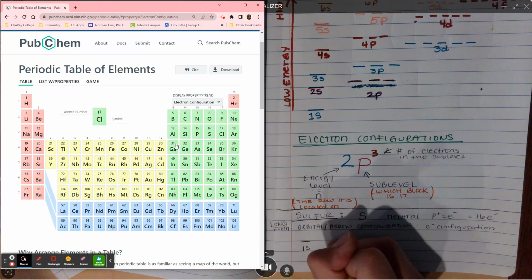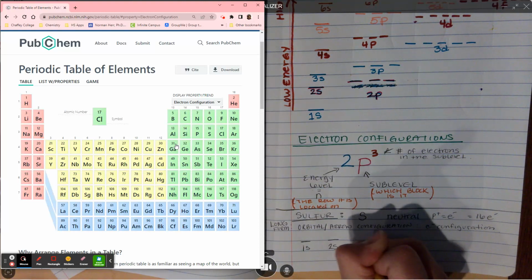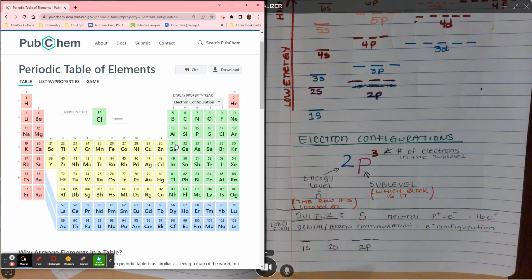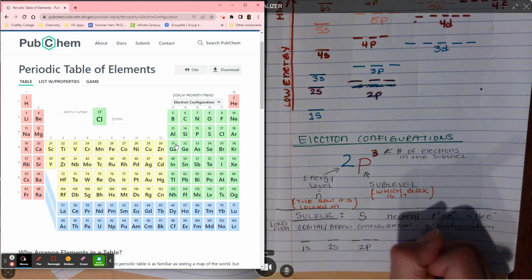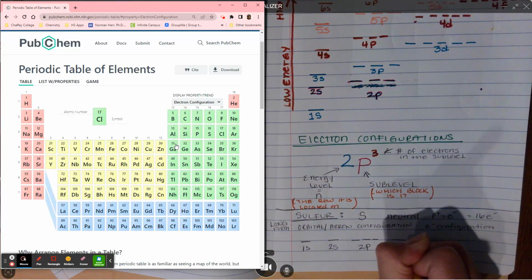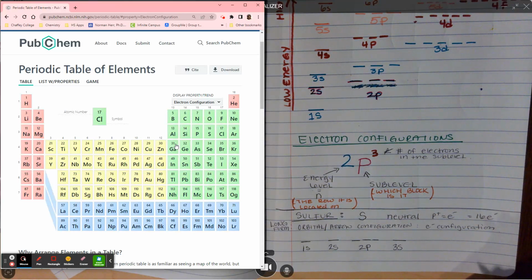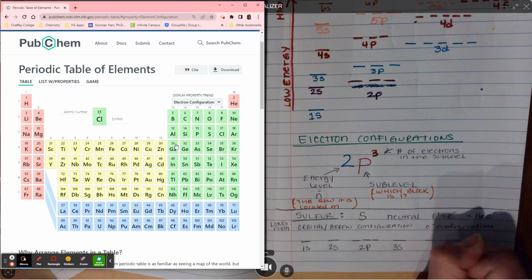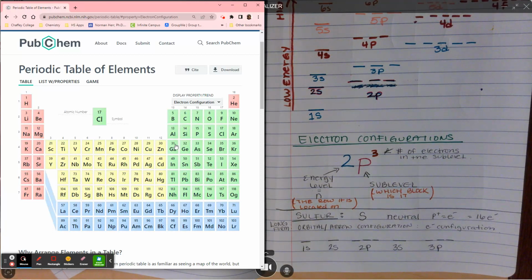So from 1s we go to 2s, from 2s to 2p, which has 3 orbitals, from 2p to 3s, and from 3s to our 3p. That's where we stop, because we don't need to go any further.